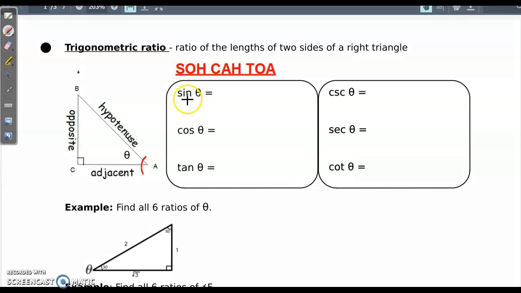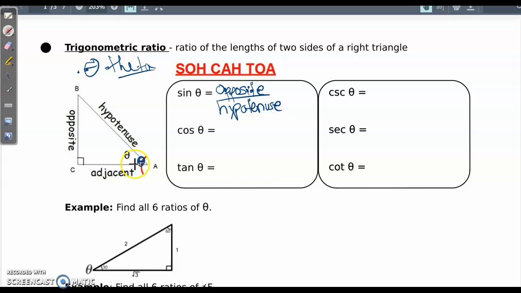The sine of an angle, theta, T-H-E-T-A, they're saying it's right here, is equal to OH. That could be the same as the opposite divided by hypotenuse.